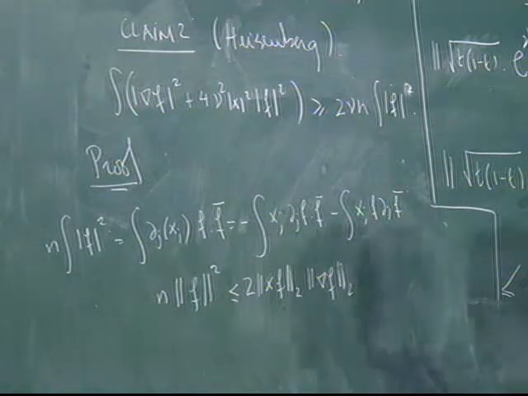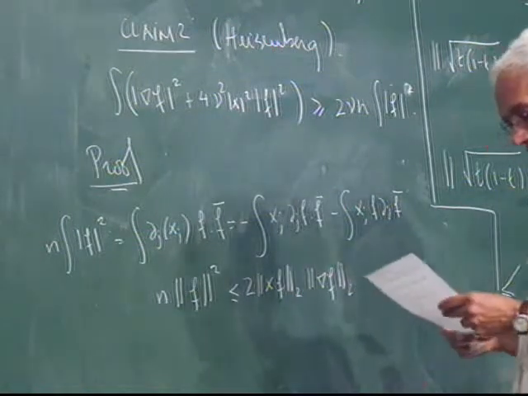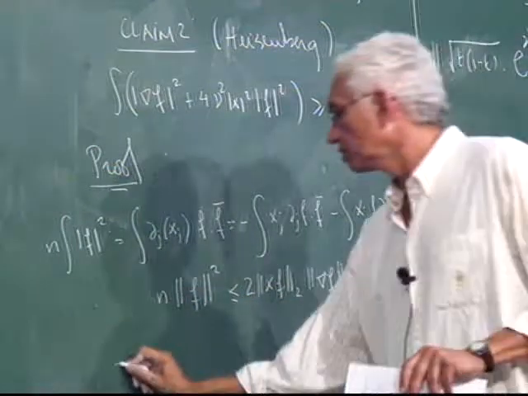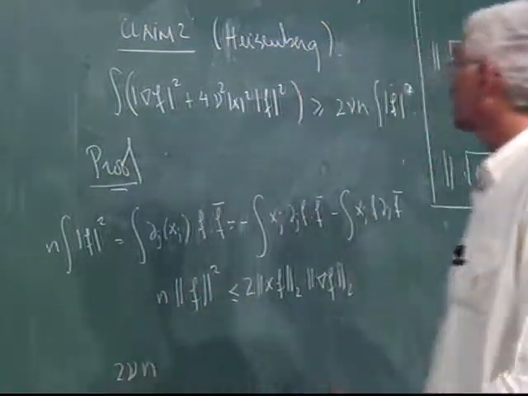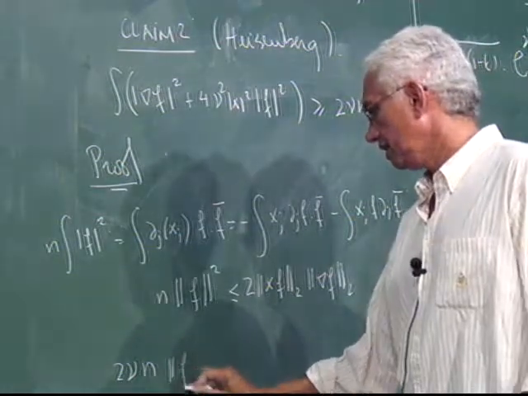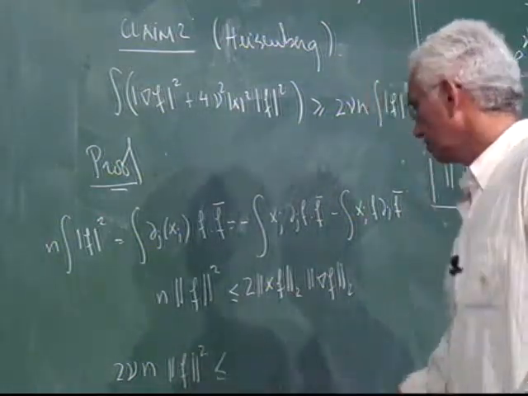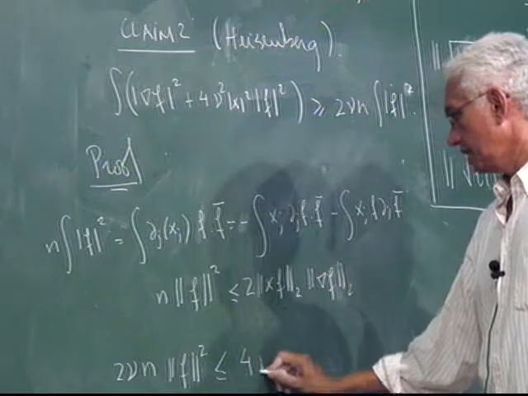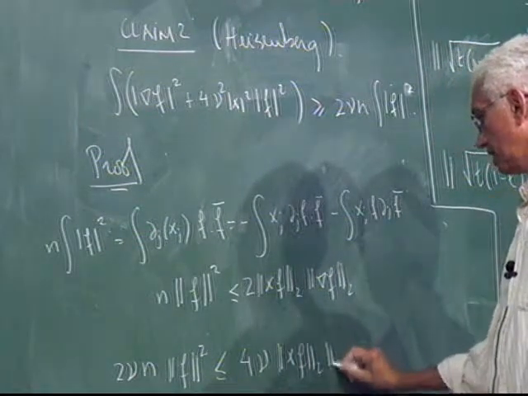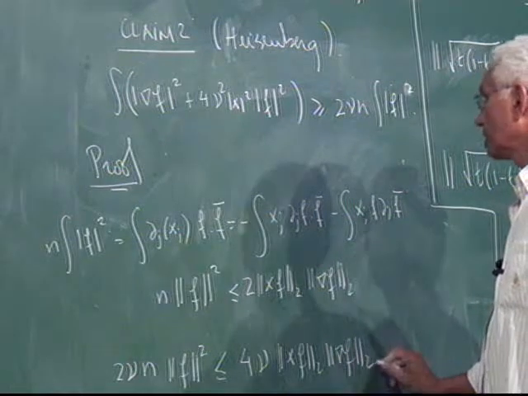And now you write, multiplied by 2 gamma n here is less or equal to 4 gamma times the L2 norm of xf squared times the L2 norm of gradient of f squared.